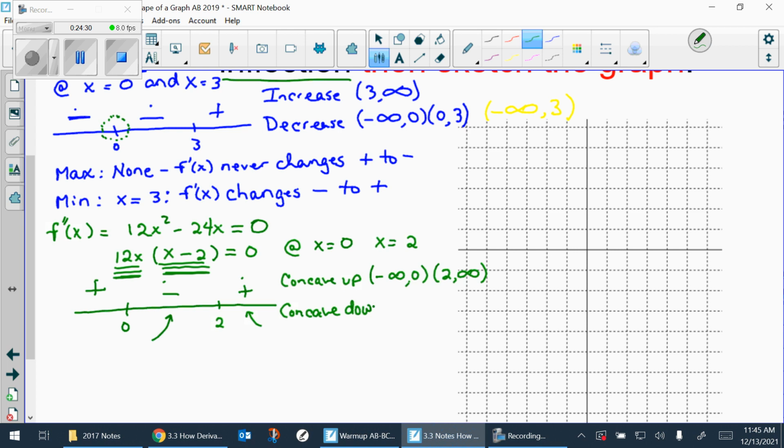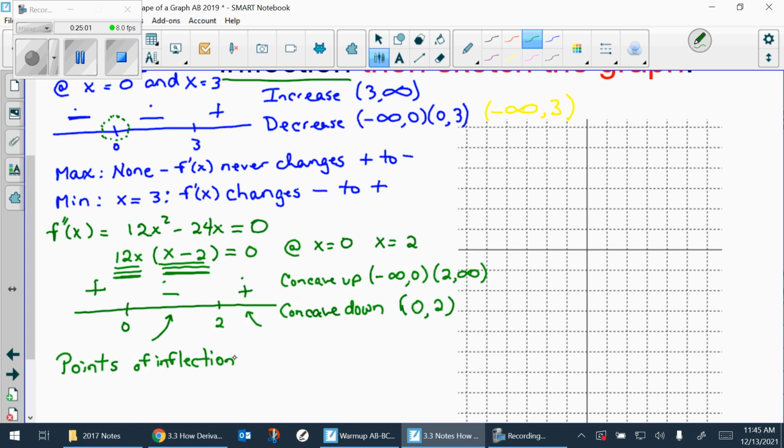I'd want to look at my sign chart and see where my second derivative is negative. And what about points of inflection? You know, if I just asked for the x value, inflection. If I ask for the x value, just give me the x value.